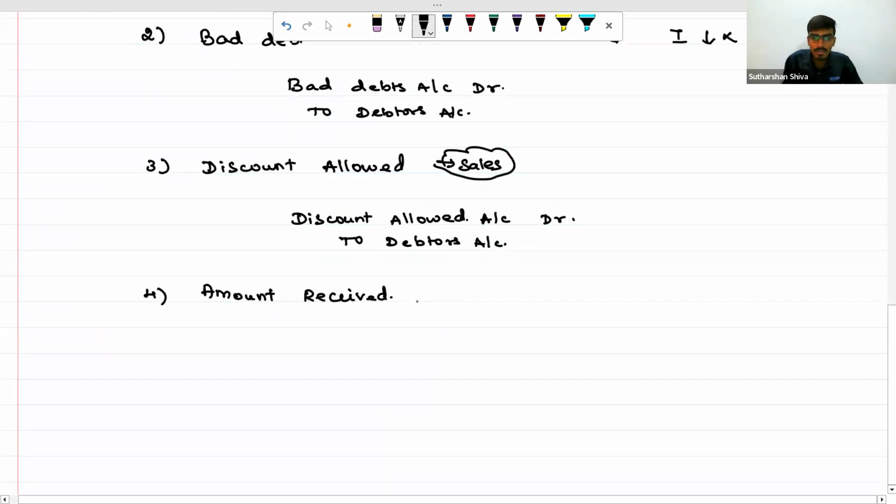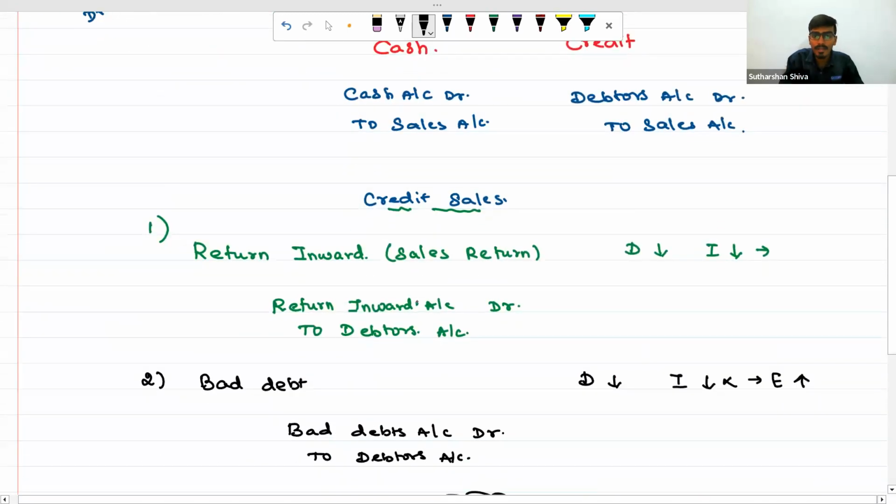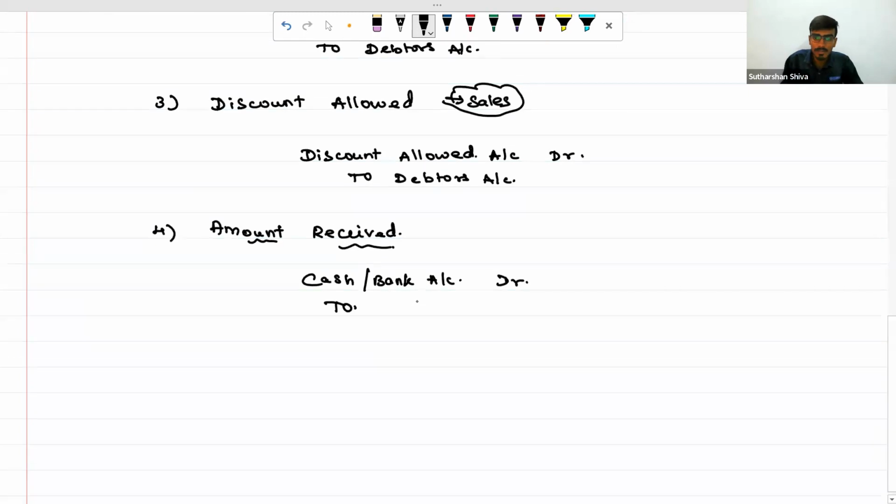So amount received is cash or bank account debit. Now my debtors are repaid. I have debited here, and now my debit balance is slowly and steadily decreasing. So I will do to debtors account.